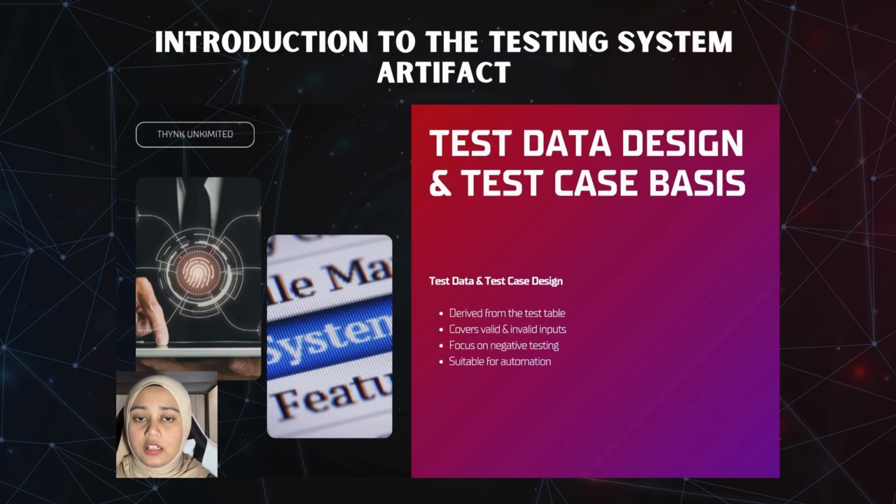Valid test data confirm the correct system behavior, while invalid test data evaluate the system validation. Special attention was given to the negative testing, such as number, symbol, and blank input. This structural design makes the test case suitable for automation, allowing them to be executed repeatedly and consistently using the Cypress.